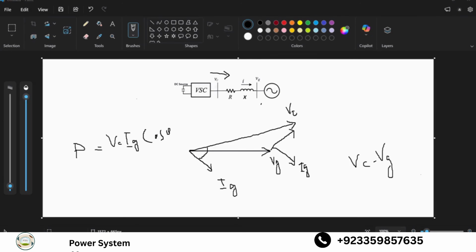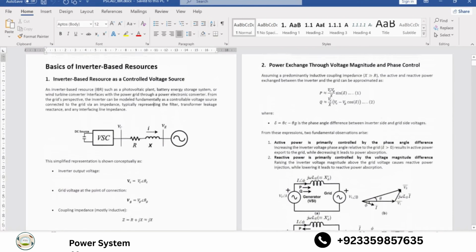So let's look at a few equations, and these equations are easily derivable from this circuit. So if you look at it, VC VG sine of the angle between them, divided by X. So these are almost the same equation but in different form.